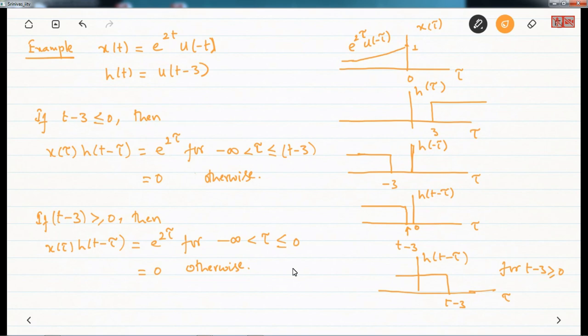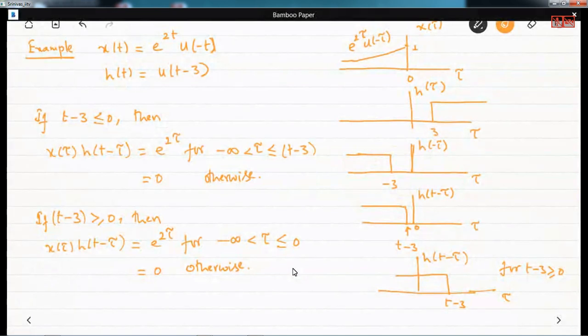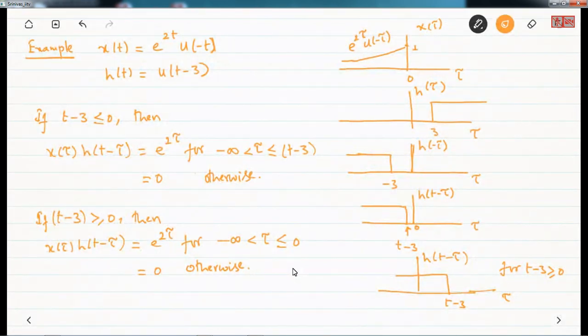Okay, so I don't know whether you are getting what I'm saying or not, but I'm just trying to split this up into different portions so that you can evaluate this easily. You just have to look at shifting this h of t minus tau here and there, and then accordingly you will understand all these things.